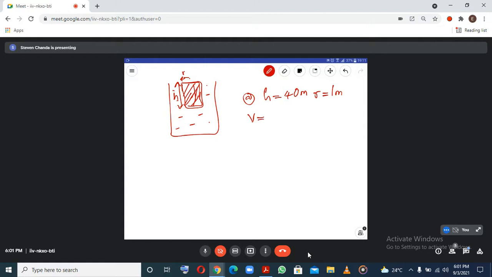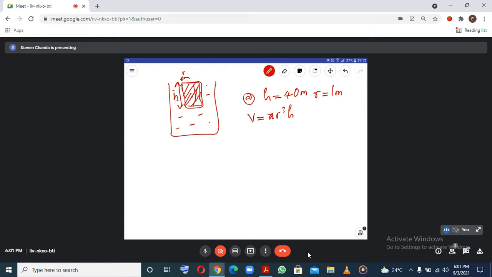So what's the volume of the cylinder? The volume of the cylinder is pi r squared h, because pi r squared is the area, and when you multiply by the height, you get the volume of the cylinder.